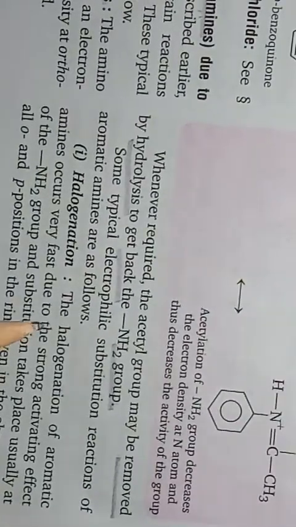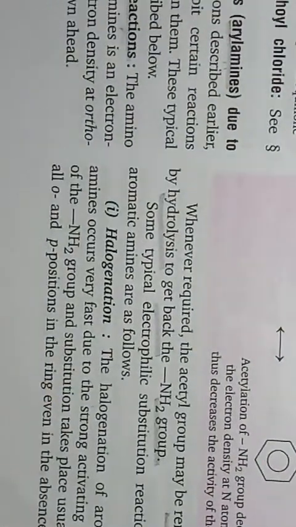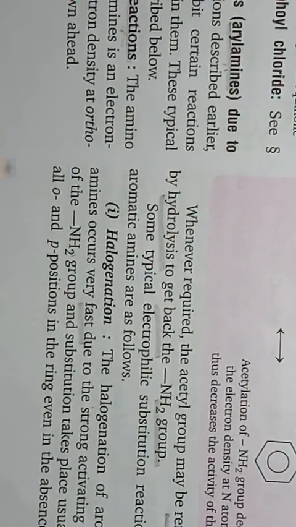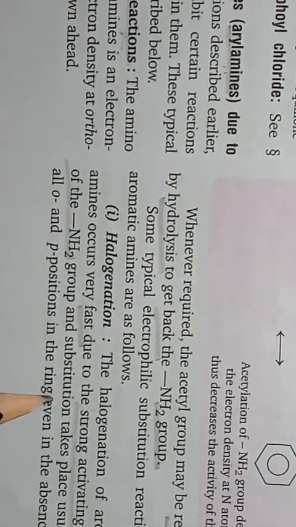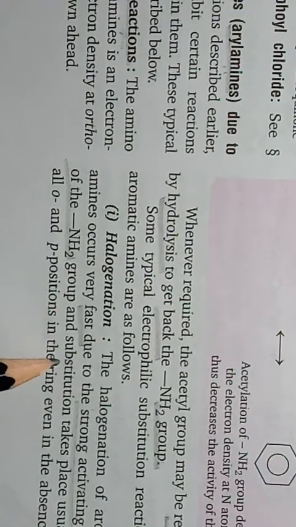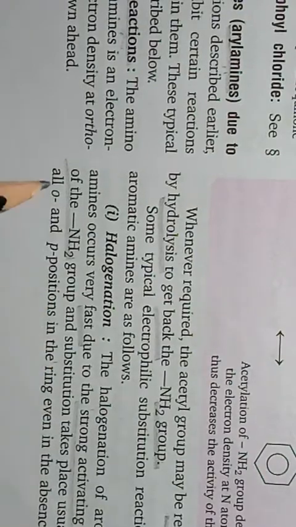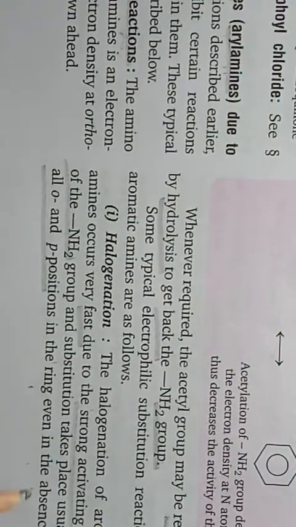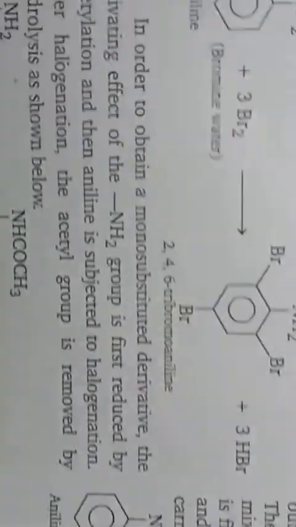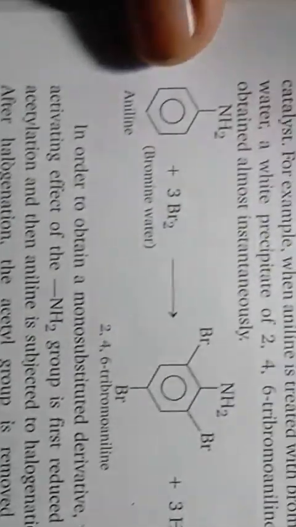Halogenation of aromatic amines occurs very fast due to the strong activating effect of the NH2 group, and substitution takes place usually at the ortho and para positions in the ring, even in the absence of any catalyst.